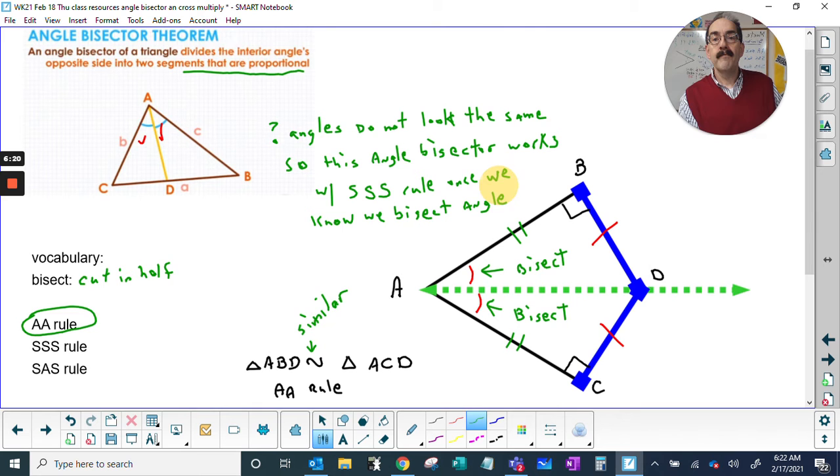An angle bisector of a triangle divides the interior angle's opposite side into two segments that are proportional. CD is proportional to DB. Okay, that's proportional to that, that's proportional to that, or this to this, and this to this. All right, pause the video if you need to take some notes. Let's go try it.